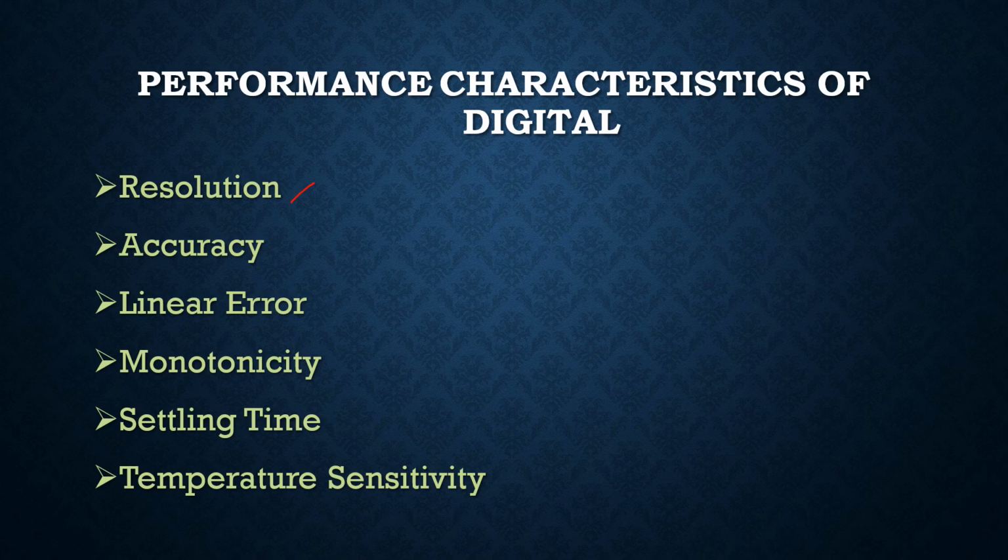That is, the smallest increment in output voltage is determined by the least significant bit. That is basically resolution. Next we have accuracy of the instrument. Accuracy is a measure of the difference between actual input and the expected output. That means the difference between the true value and the measured value. That is the term accuracy. Next we have linear error.